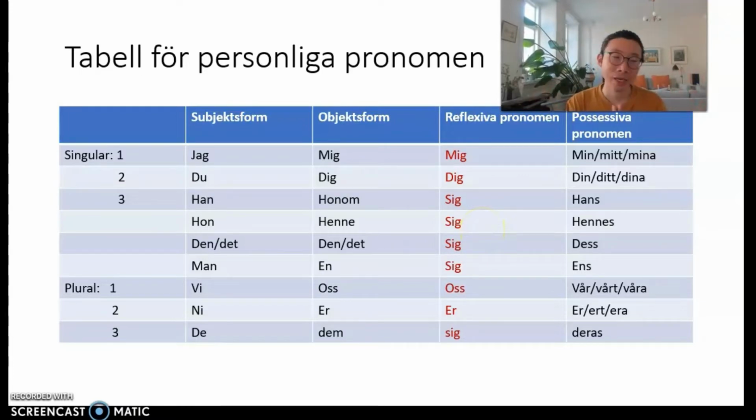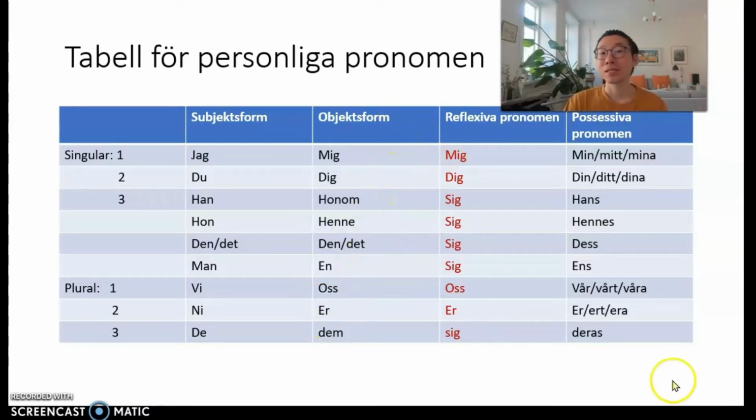But it can be confusing because I've seen a lot of students making mistakes because they think reflexive pronoun is only sig. But reflexive pronoun is not only sig. Sig is for the third personal pronoun. For the first and second personal pronoun, you use the same form as object form. So they share the same form.